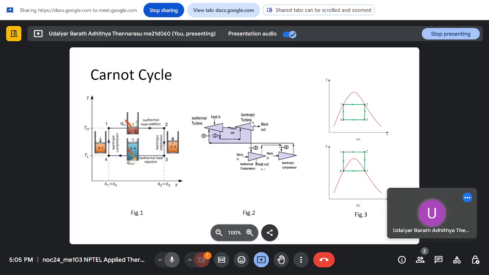You go with small incremental amounts, and let it come back to the same temperature. So these are all practical difficulties, and it will also require bulky, bigger-size compressors, and so on, which we discussed during the Carnot cycle.